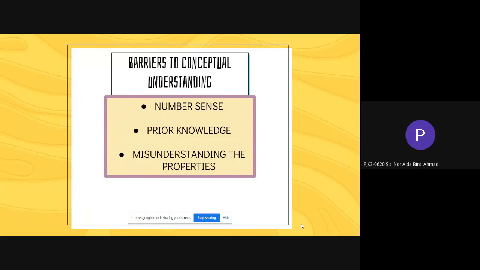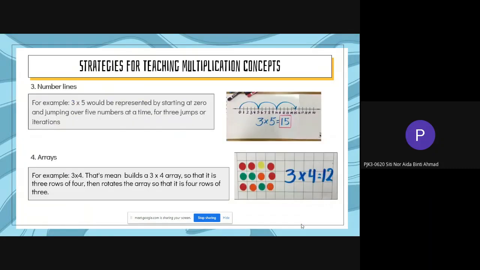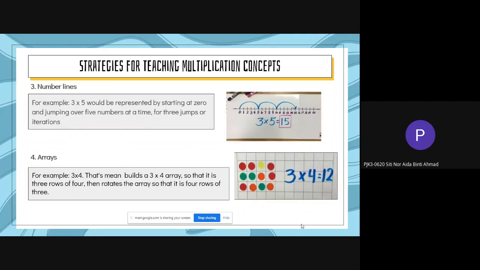Okay, go back to number 1, repeated addition. So repeated addition, making equal groups. Okay, next slide.